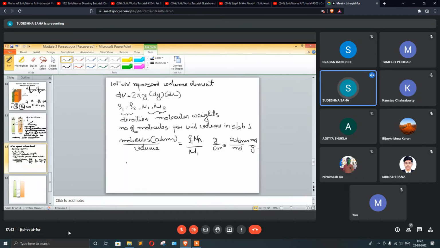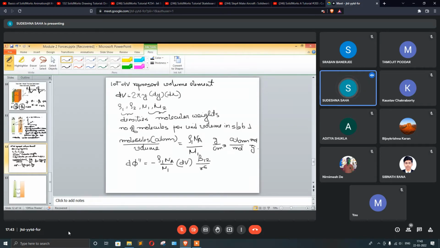Okay, so basically we can obtain d phi double prime, which is the interaction potential between a single molecule or atom present in slab 2 with the annular element or circular element present in slab 1, and can be written as minus rho 1 into Na divided by M1 into dV beta 12 divided by r to the power 6, where beta 12 is the interaction between slab 1 and slab 2.